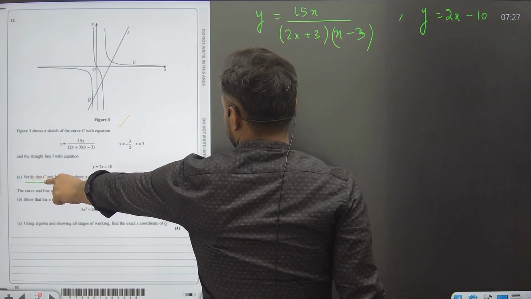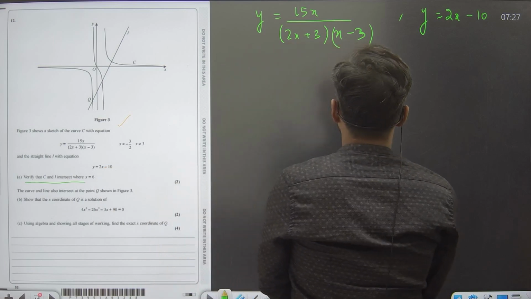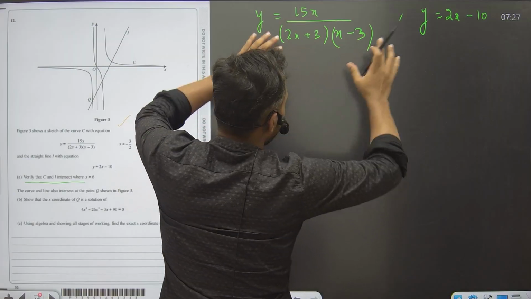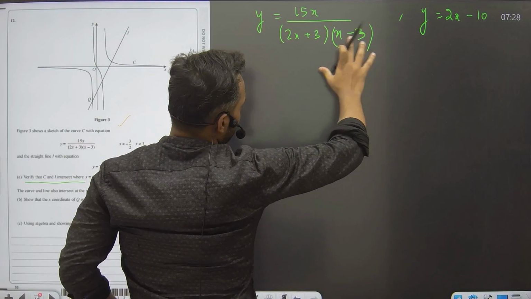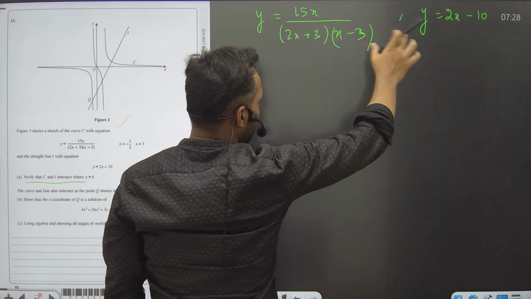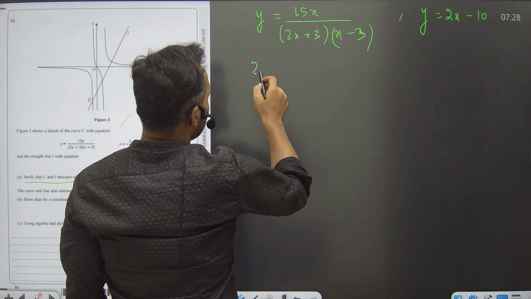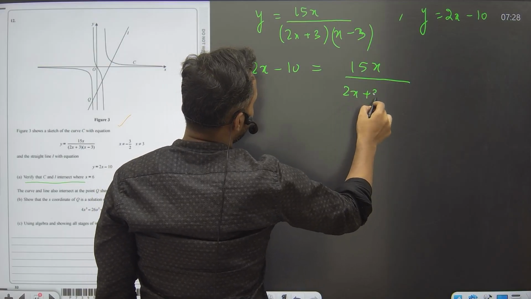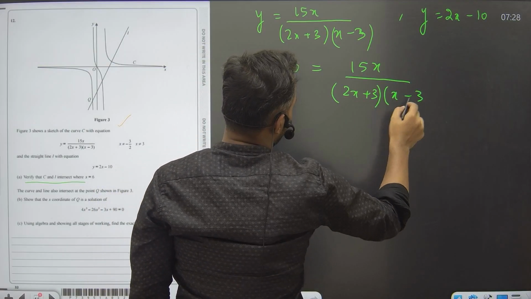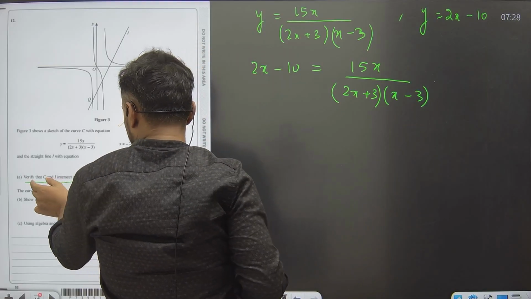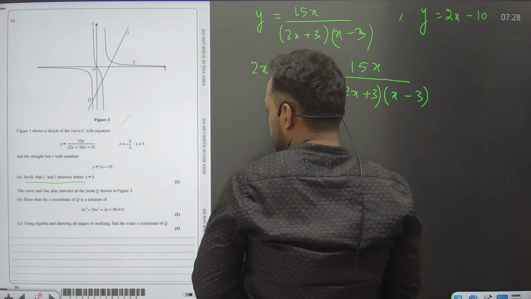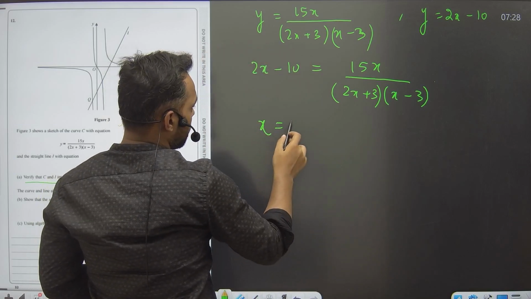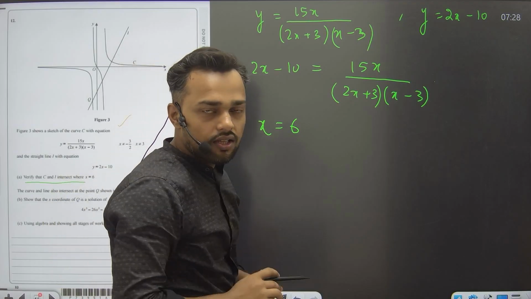The first part is to verify that C and L intersect where x is equal to 6. So this curve and line are intersecting at a certain point, meaning the values will be equal where they intersect. So 2x negative of 10 will be equal to 15x upon (2x plus 3)(x negative of 3). They have told us that at x equal to 6 they are intersecting.